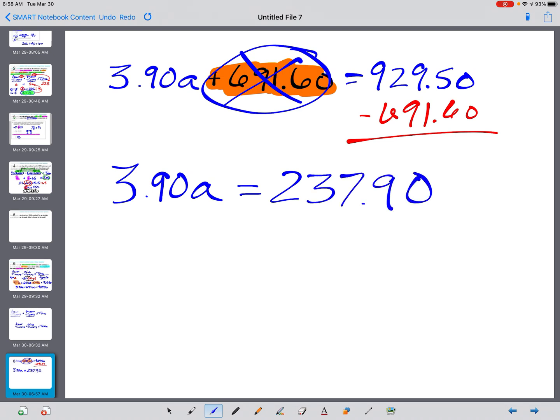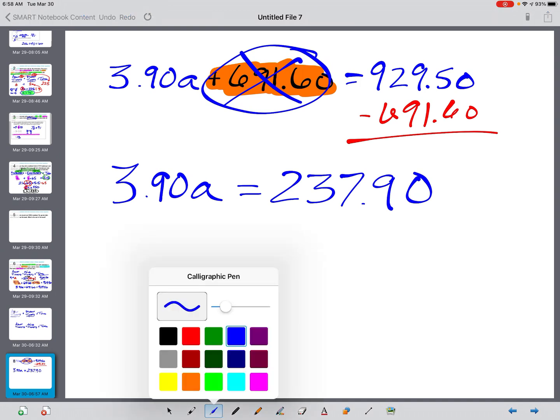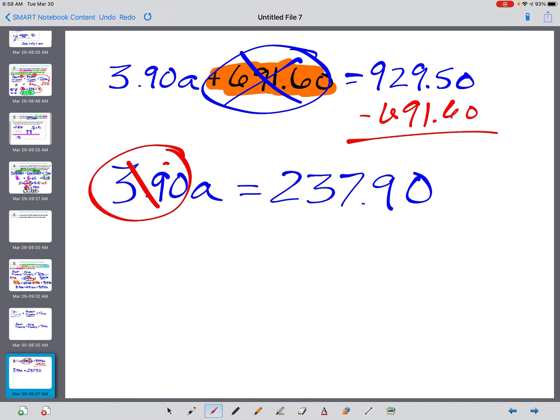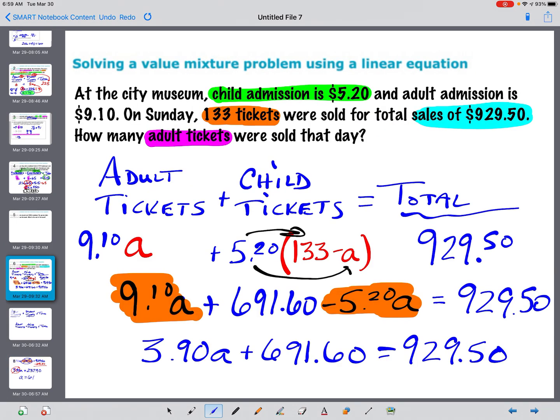And finally, we're down to just the coefficient of A, 390. So we'll divide that in there. 237.9 divided by 3.9, we get 61. So I've got a number of 61 tickets for the adult tickets.